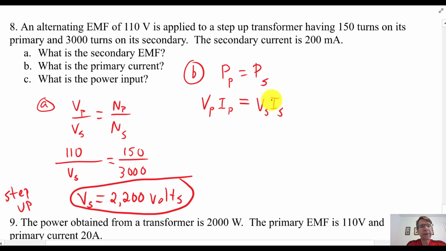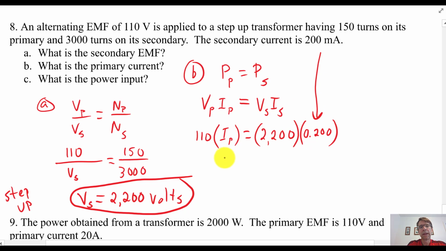The voltage in the primary here was given as 110. The current in the primary we don't know, I sub P. The voltage in the secondary we figured out was 2,200. It tells me that the secondary current is 200 milliamps, which is 0.200 amps. So if you just do the math here, you multiply 2,200 times 0.200 divided by 110, you get 4.0 amps. That's I sub P, your primary current.